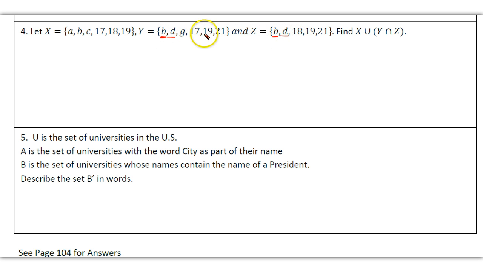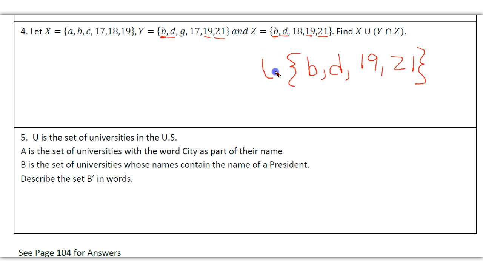No 18, no 17, 19 is in both. And 21 is in both. So our intersection here would be B, D, 19, 21.